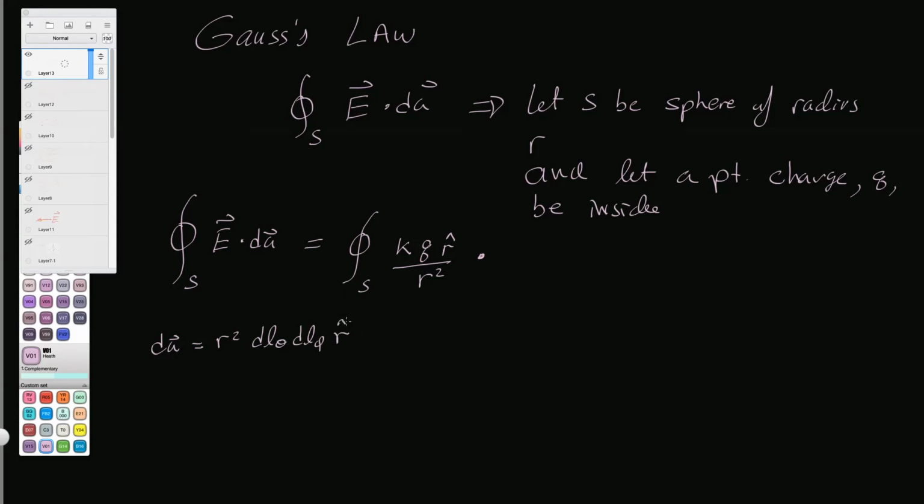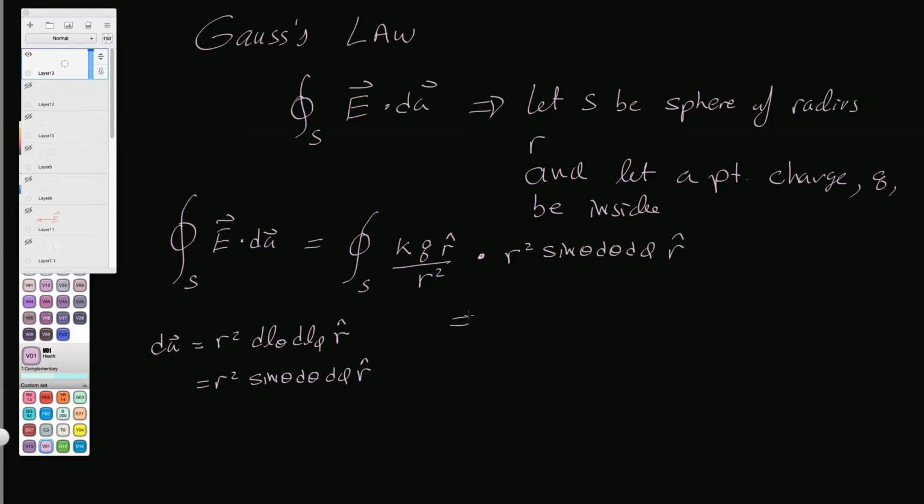So the dot product just gets rid of those two r-hats.